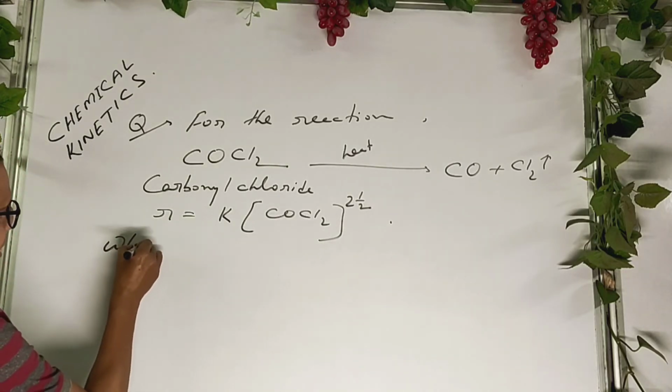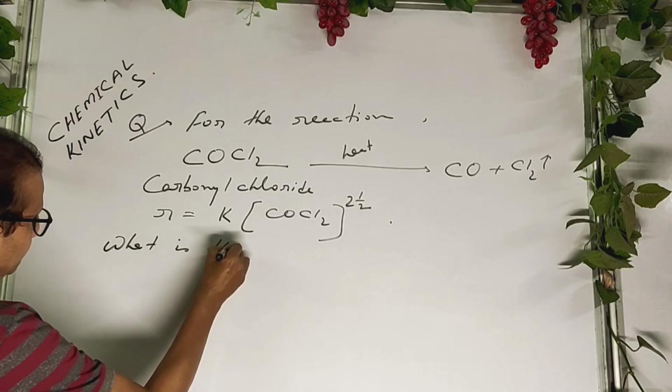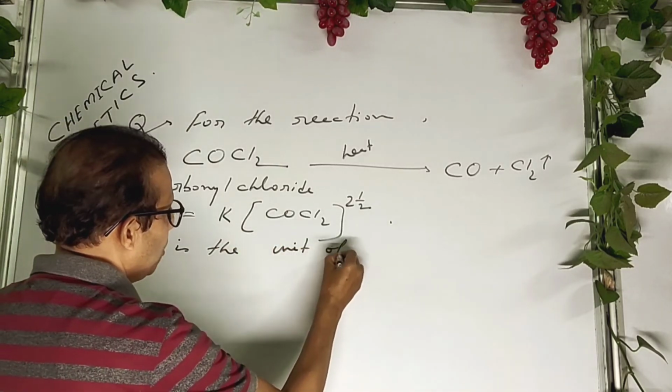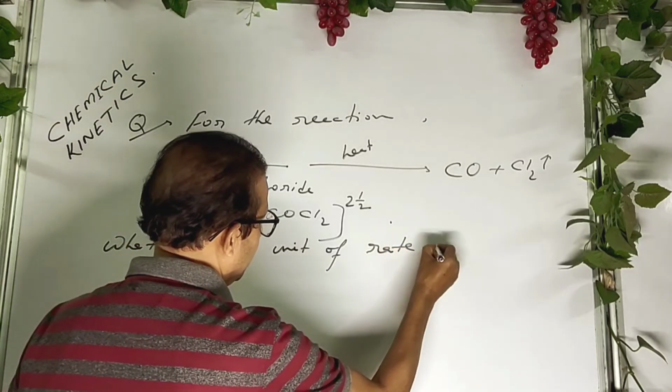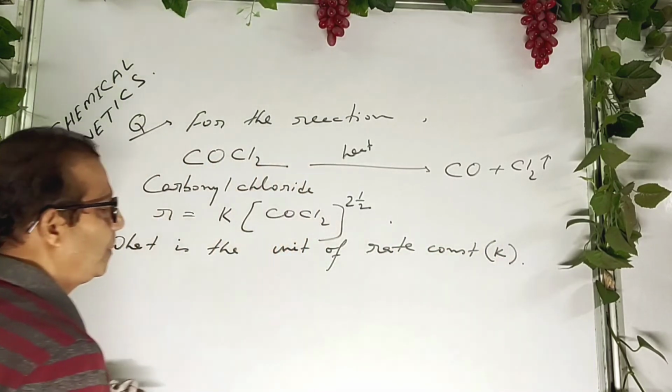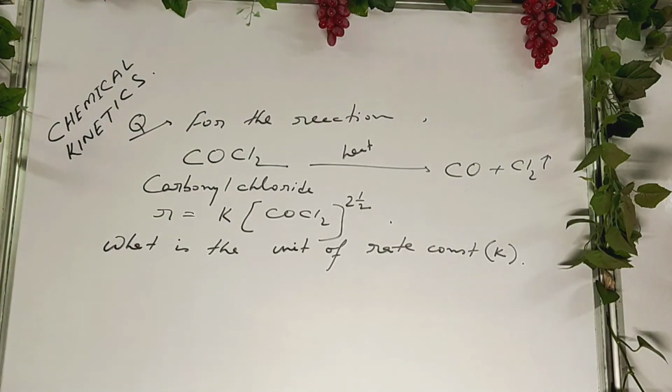You see, what is the unit of rate constant, that is K? How to write it?